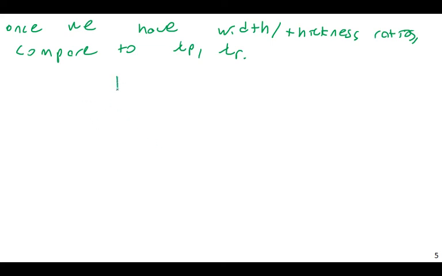Again, as we discussed previously, we're going to have a few zones here. We have our lambda p and our lambda r. On this axis, we're basically plotting our ratio, a number line with the width to thickness ratio.